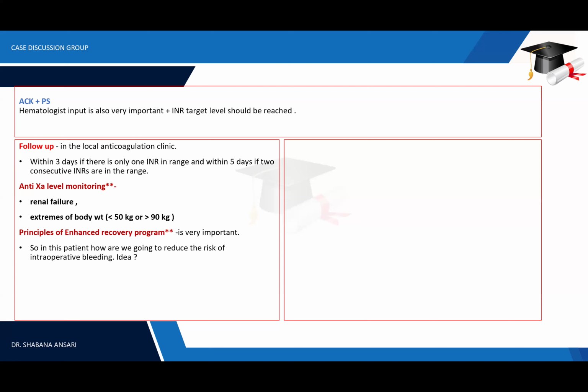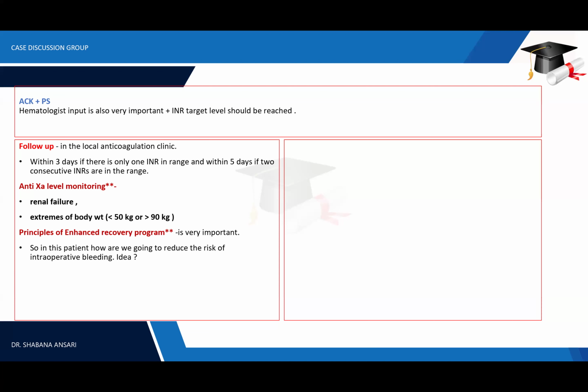Postoperatively, proper monitoring on the NEWS chart, early mobilization, proper hydration, and then we can temporarily bridge with IV unfractionated heparin, and only later on start the oral anticoagulants.